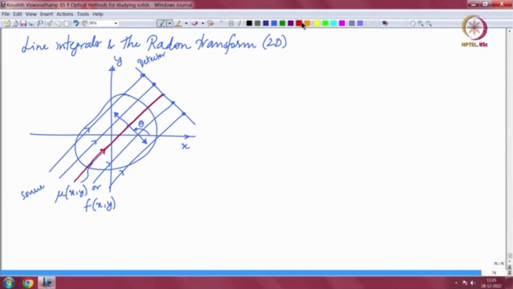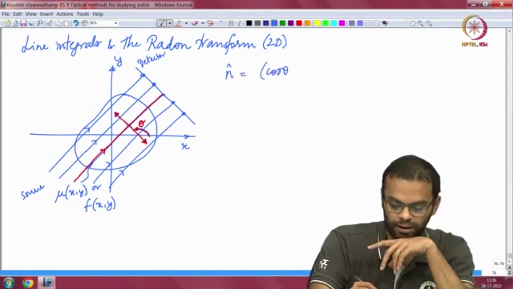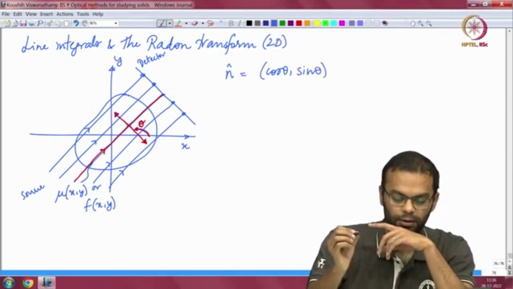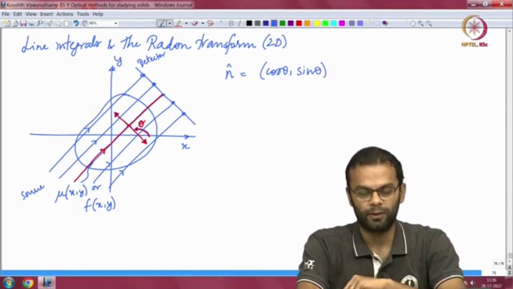So, this normal line makes an angle theta with the x axis. So, the n hat is basically cos theta comma sin theta, it is a unit vector.